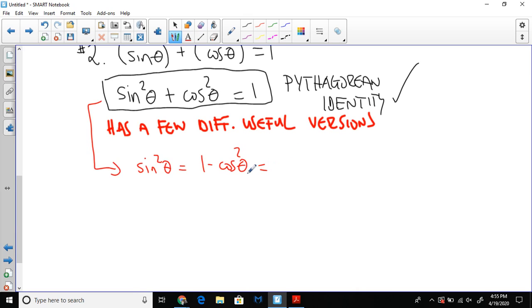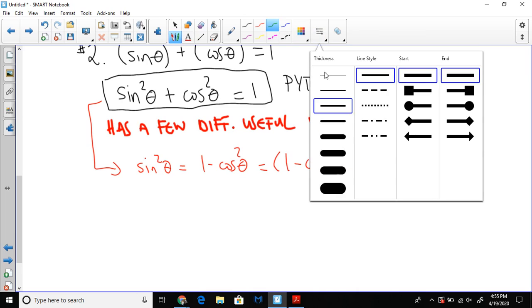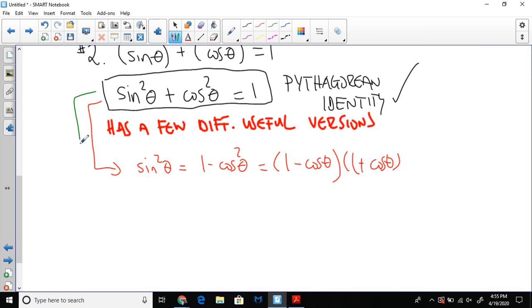But then this is a difference of squares, so I can write it like this. Or if I want to, I can isolate cos squared theta, which is 1 minus sine squared theta. This is also a difference of squares, which I could write like this.